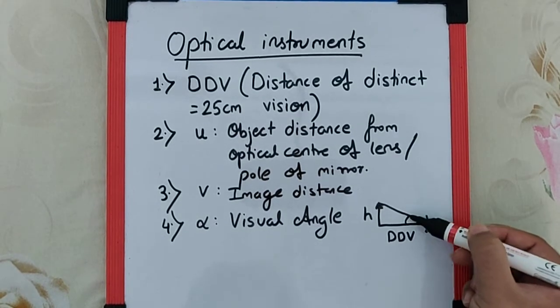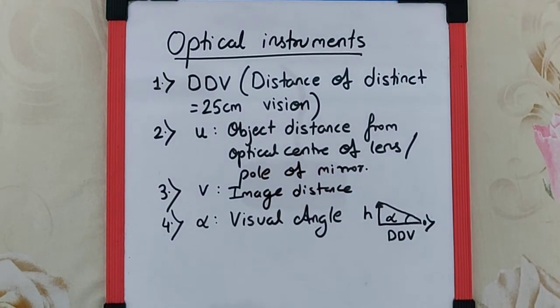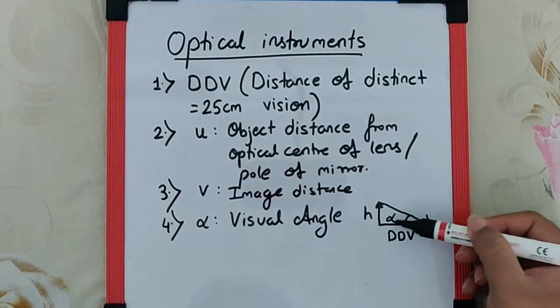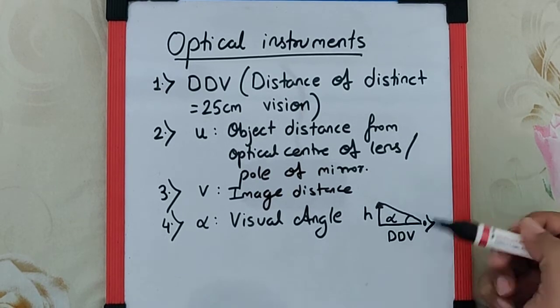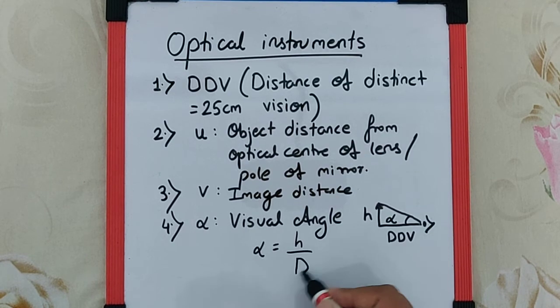The angle which is made is called the visual angle, and therefore if we use S is equal to R theta, we can say alpha is theta, S is h, and R is DDV, and therefore alpha is by default h by DDV.